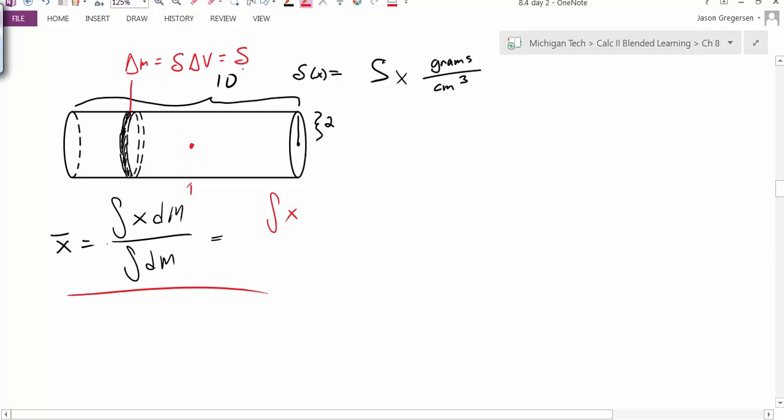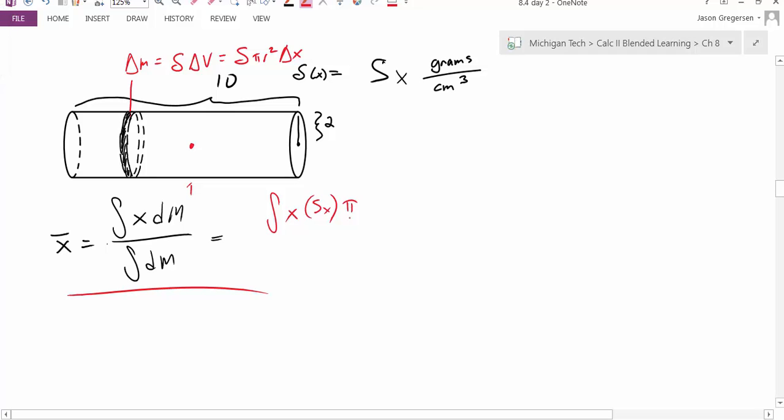So what is the volume here? Well, it's just pi r squared, because I have a disk cross-section, times the thickness. And my thickness in this case is going to be delta x. That's how I'm measuring this thing. And then I just plug these values in. My density is 5 times x. I have pi. What's r? This time it's just fixed.